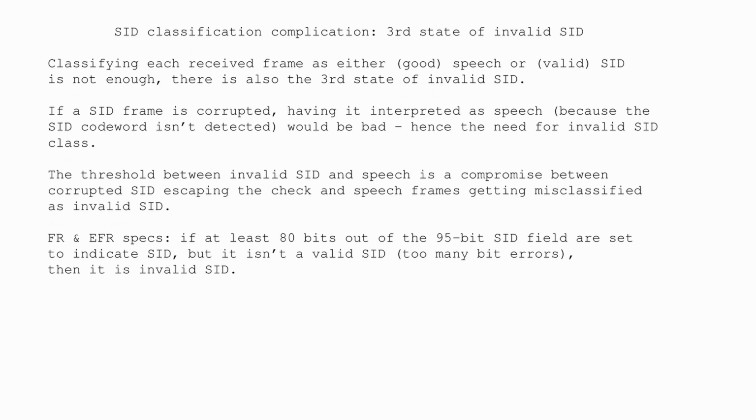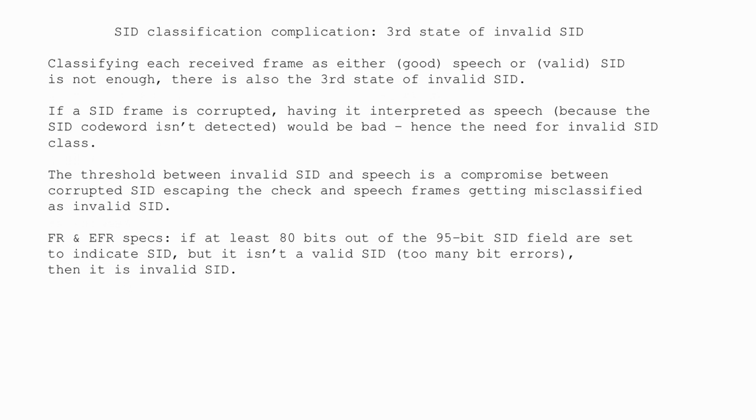It is a SID or it is not a SID, which, at first glance, seems like, yeah, you just check for that magic code word and it tells you is it a SID or is it not a SID. But you also have to have this third state because, as I explained, imagine what will happen if you transmit a SID on a radio link and a random bit error happens, and the SID arrives corrupted.